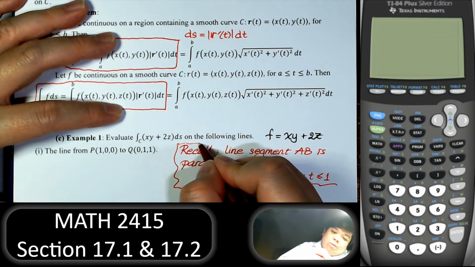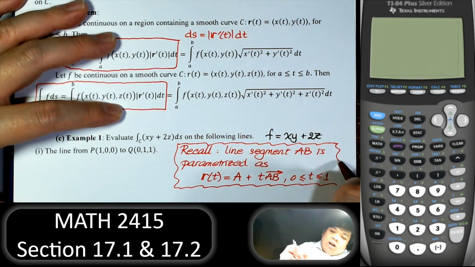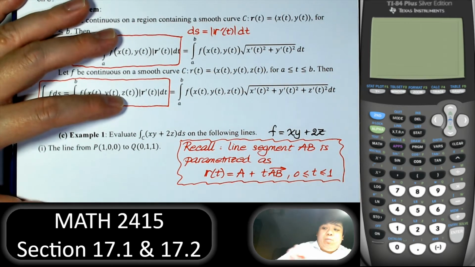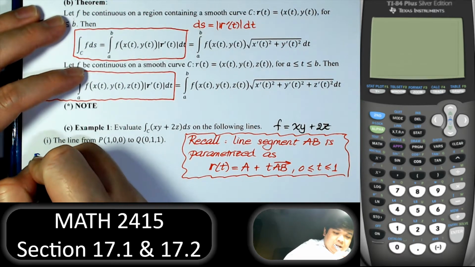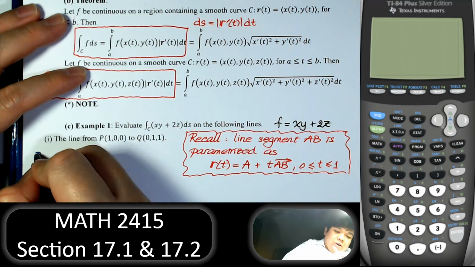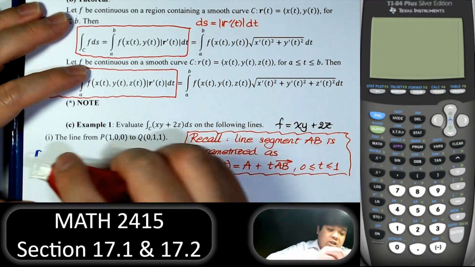That is how we parameterize a line segment. So here we have a line segment from P to Q. First, parameterize. I will write out the important step here.